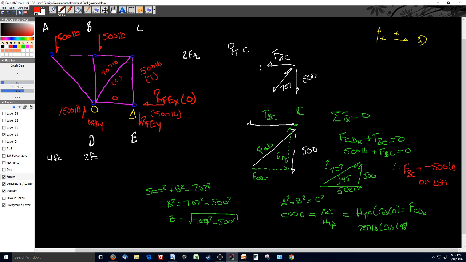So we look up at our vector, we did draw that left, and this is 500 pounds. What's that mean? It puts the member into tension. So going back to our force diagram, we can now put 500 pounds tension in there for the element BC. So hopefully that all made sense. We're going to move on and pick up the pace here a little bit and use point B next.